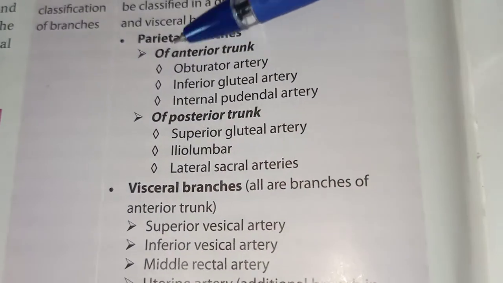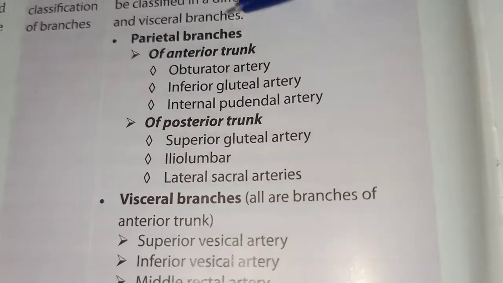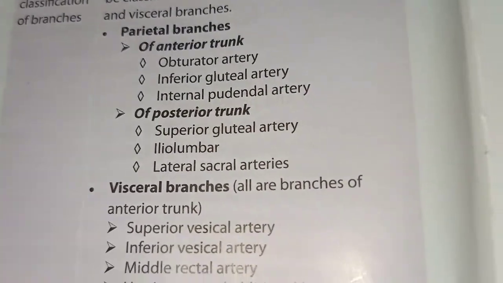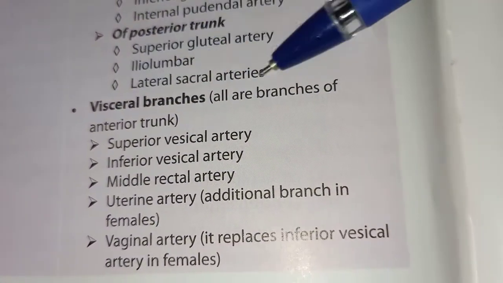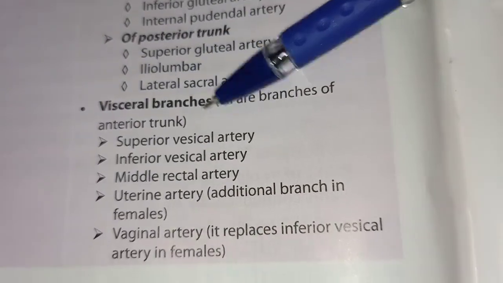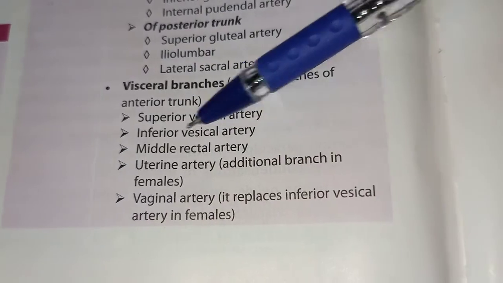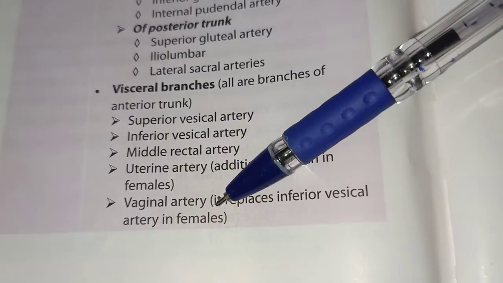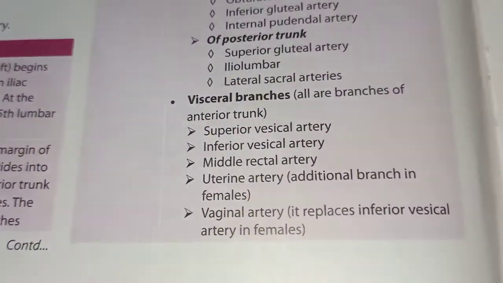Parietal branches will supply mainly the muscles or the bones. Here it will supply the viscera. So all the branches of the anterior trunk, like the superior vesical artery, inferior vesical artery, middle rectal artery, uterine artery and vaginal artery. Okay, so these are the branches of the internal iliac artery.